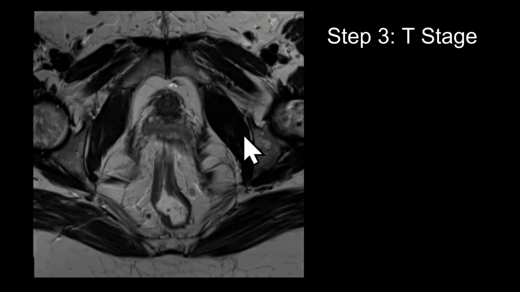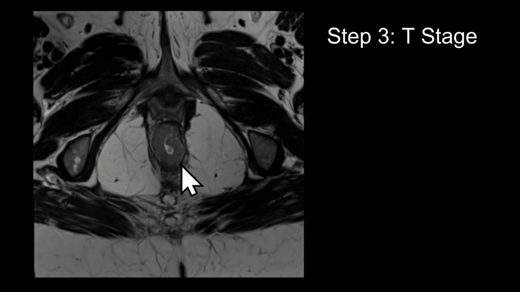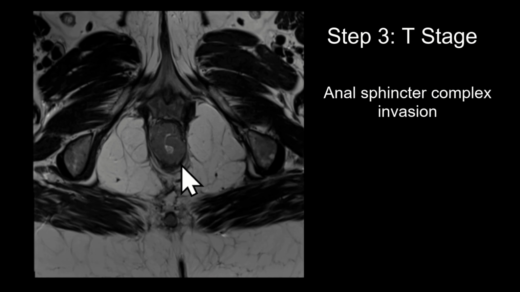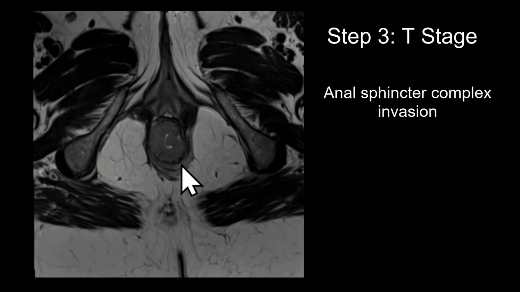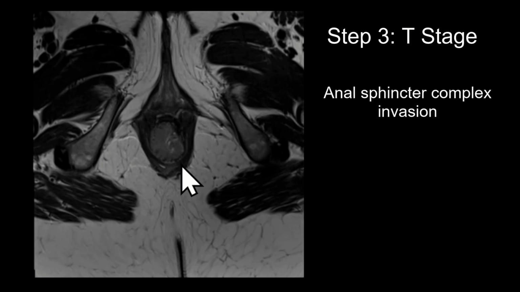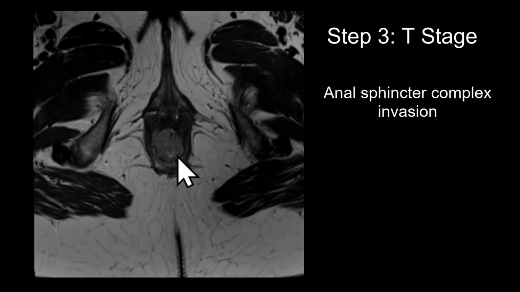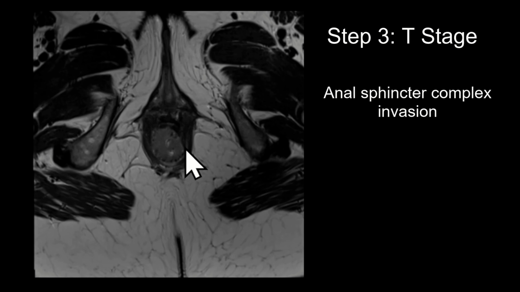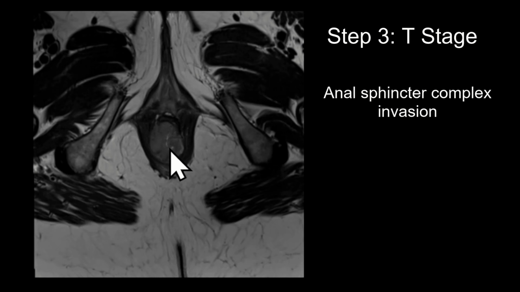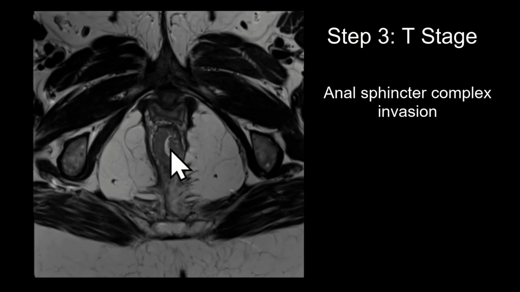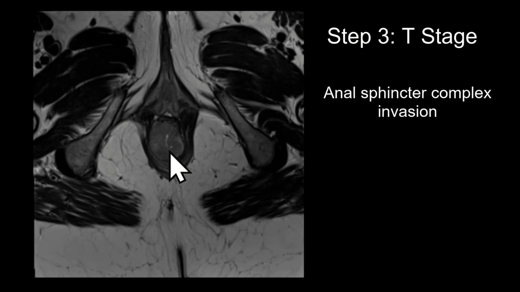Okay, and then for low rectal tumors, we also need to describe whether there is anal canal involvement. If there is, we need to describe which structures are involved because it affects surgical management, as we mentioned earlier. Most importantly, the internal sphincter, external sphincter, and intersphincteric space. So this is a different case than we were showing earlier, of course, with tumor signal involving the anal canal clearly here.